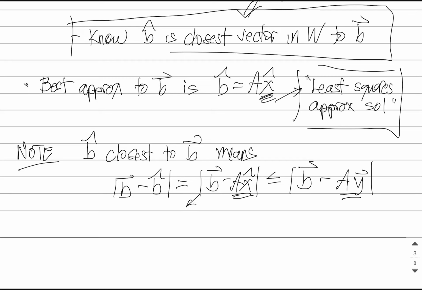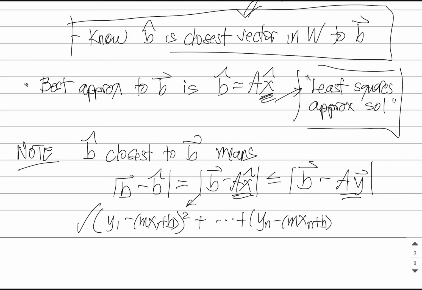Now, in terms of the language I was using in the picture before, this is just given by expressions that kind of look like that. And if you think about it, what we are doing is calculating the difference in a bunch of squares. That's how we calculate the length. And because of all of those squares that are in this length, this is why we say it is a least squares approximate solution.